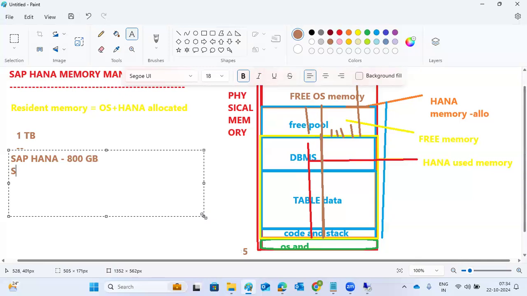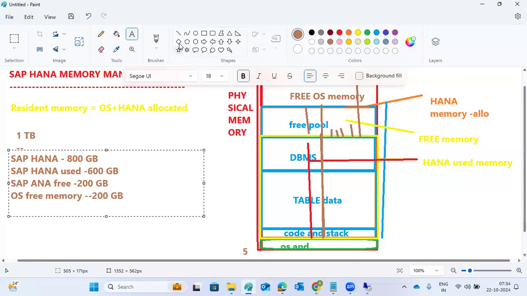In that 800 GB, SAP HANA used memory is maybe 600 GB, for example. Then in SAP HANA the free memory is 200 GB here. But at the OS level, you already have free physical memory as well, the OS free memory, and that is also 200 GB free here, right?